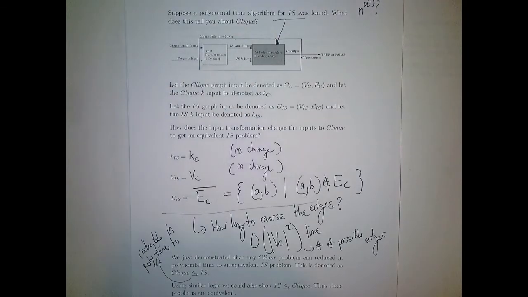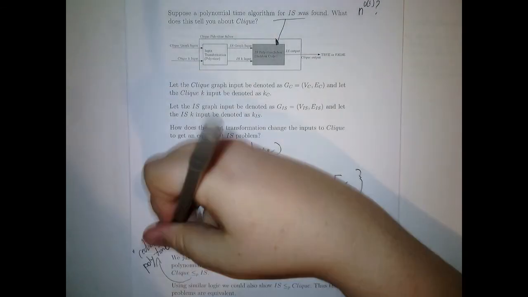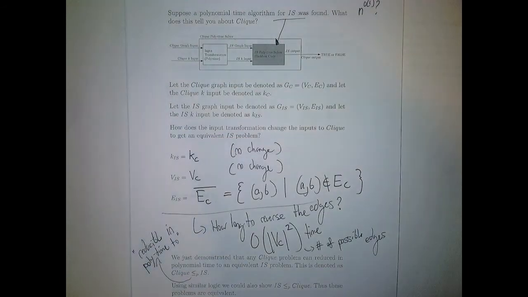So if you want to read that, you can read it as reducible in polynomial time to. Clique is reducible in polynomial time to independent set. And technically, we could also show the reverse. We could show that any independent set problem is reducible to clique. It's the same idea.